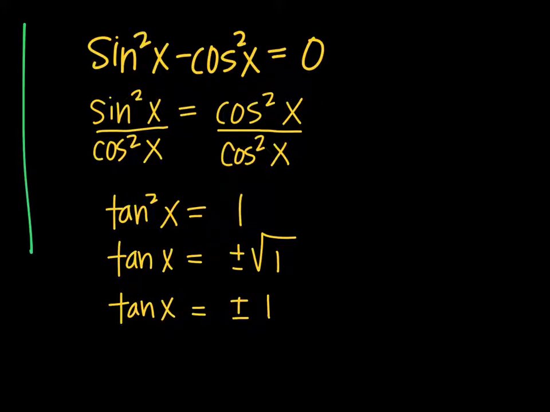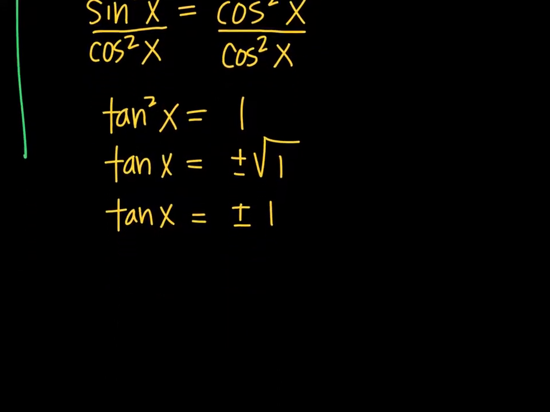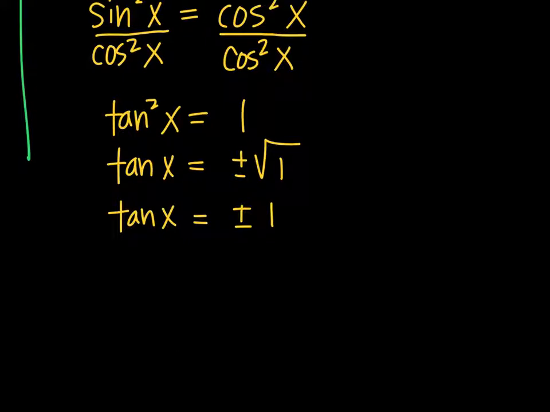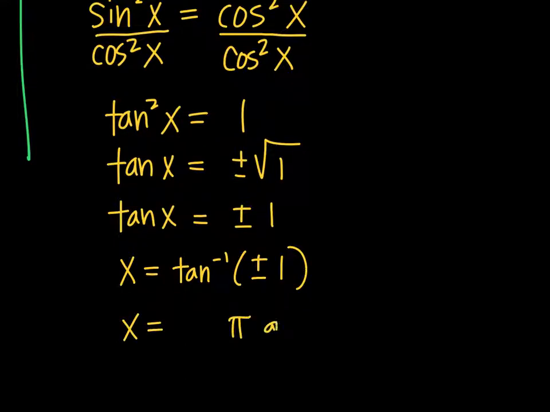So I almost have my x by itself. And then how do I get that x alone? Now I'm going to take the inverse, and it's the tangent inverse of both plus 1 and minus 1. So I am going to have 2 pi answers. They're both going to be fractions, so fraction pi and another fraction pi.